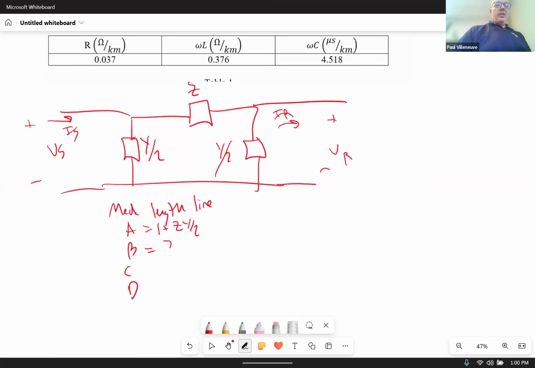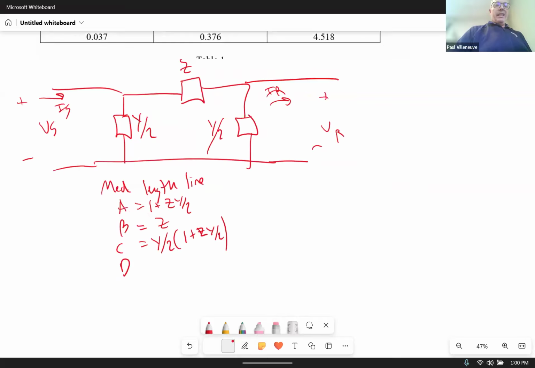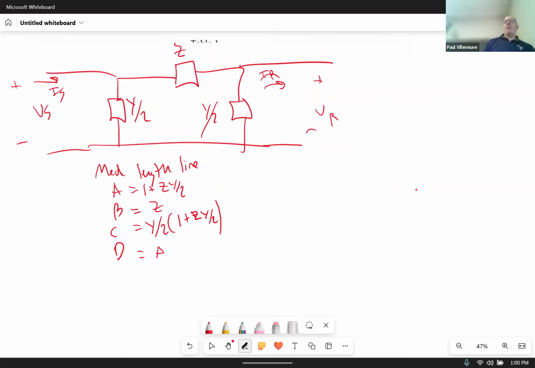B is equal to Z. C is equal to Y over 2 times 1 plus ZY over 2. And lastly, D is going to be equal to A. Double check those because it's been a minute since I've done those equations, but those hopefully are pretty darn close to my equivalent representation.